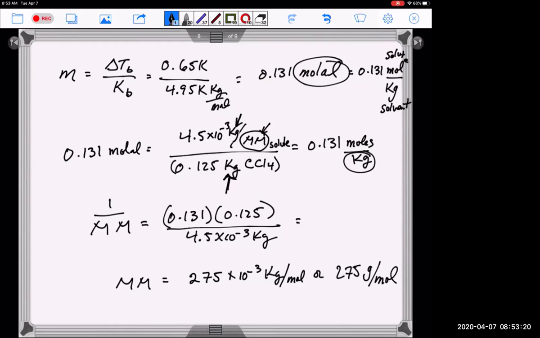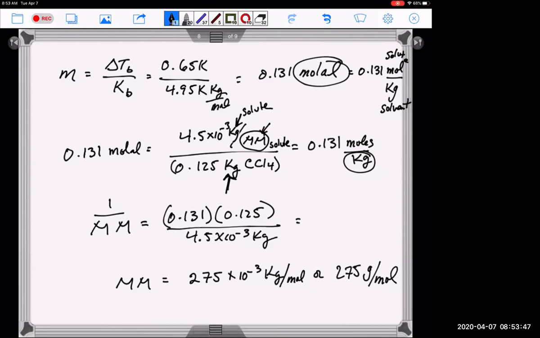When we pull that out, that's the molar mass of the solute, kilograms of solute. And it's only the solvent that's in the denominator. Gotcha. Thank you. You're welcome.